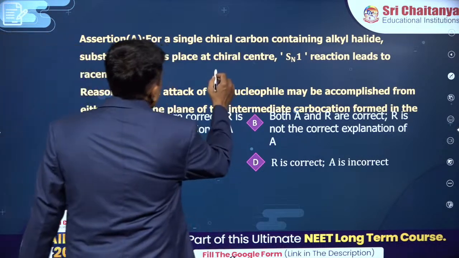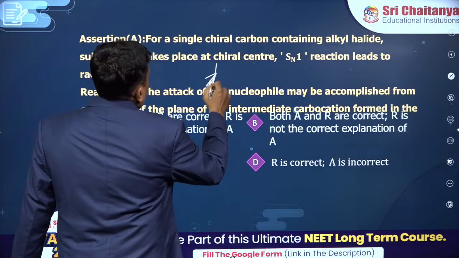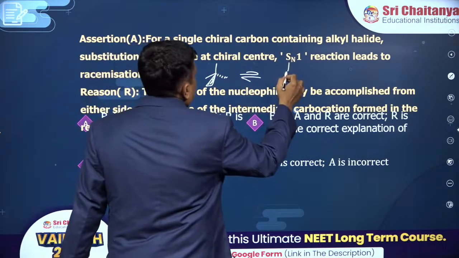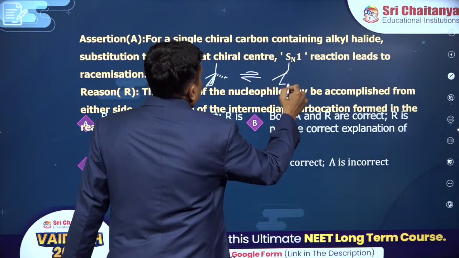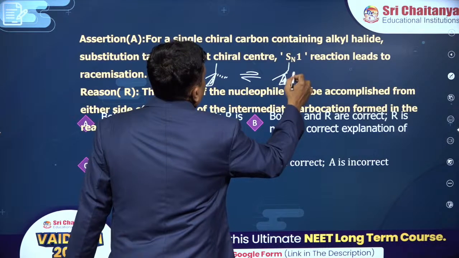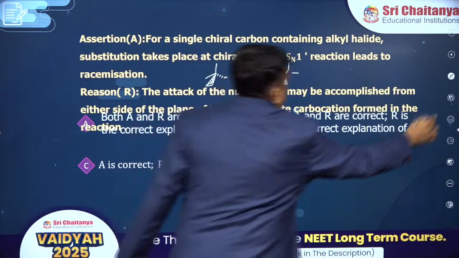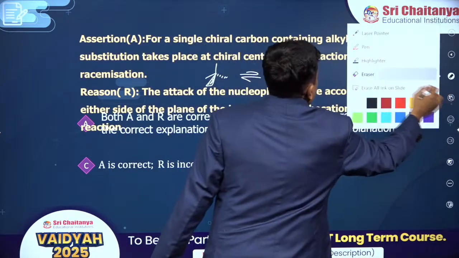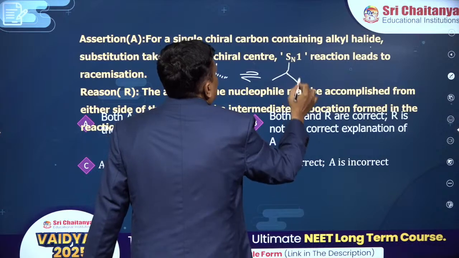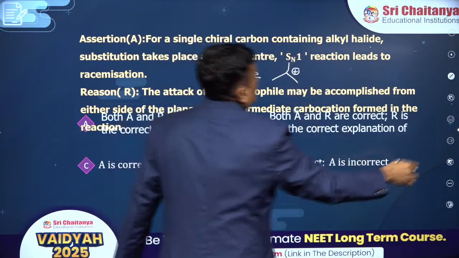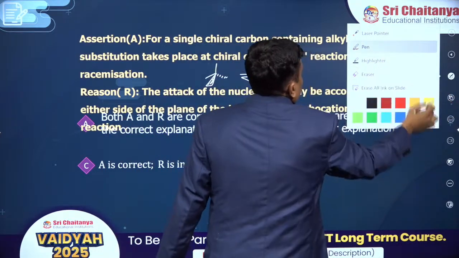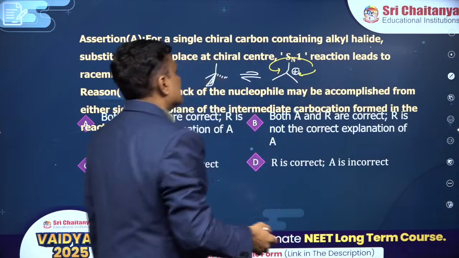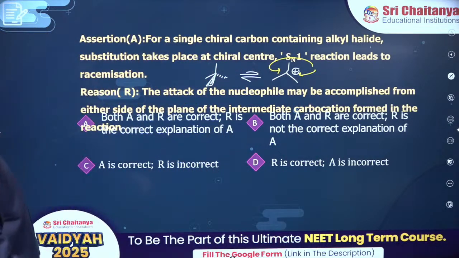In SN1 reaction, when you form a carbocation in the slow step of the reaction, by the loss of the leaving group, you all know that the nucleophile can attack from either side. You will be getting a racemic mixture.